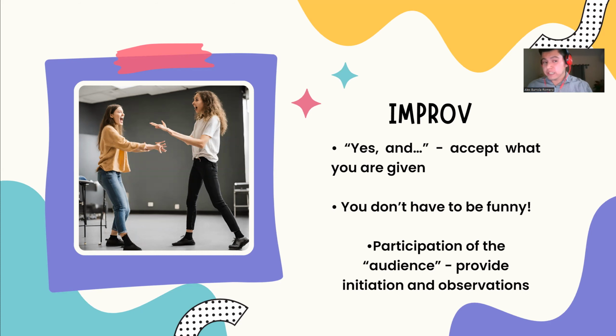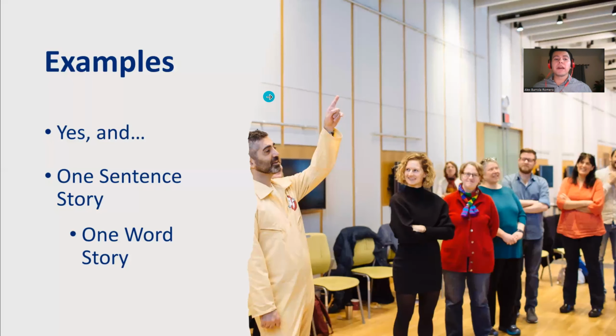You don't have to be funny necessarily, and the participation of the audience is going to be making observations about the improvisation. Here we have an example. As I told you, you have to use the yes to accept the context that your classmate already gave to you, and you are going to add something else. It can be a story of one sentence, or it can be a story of one word.